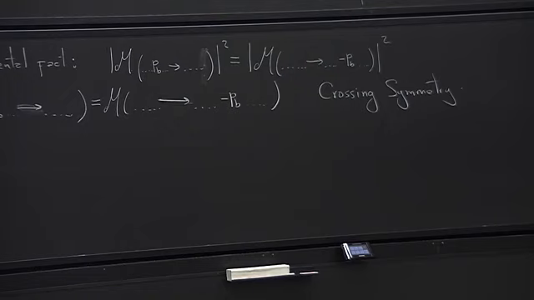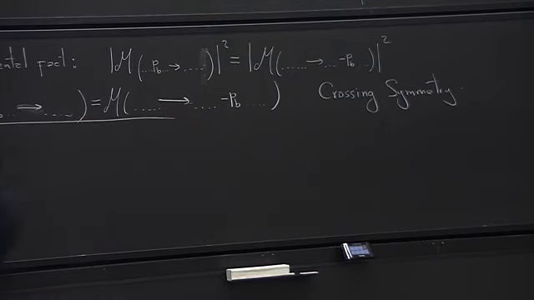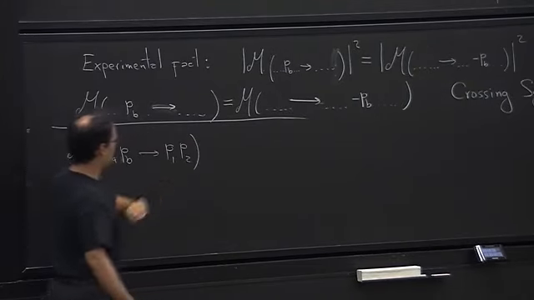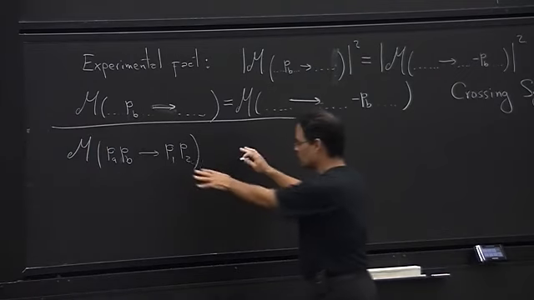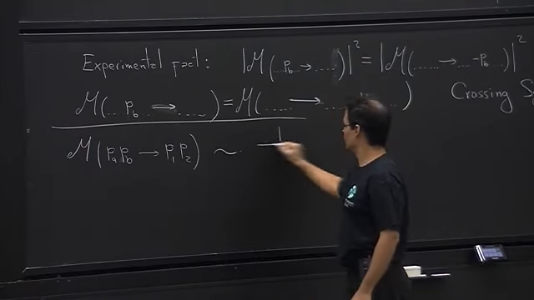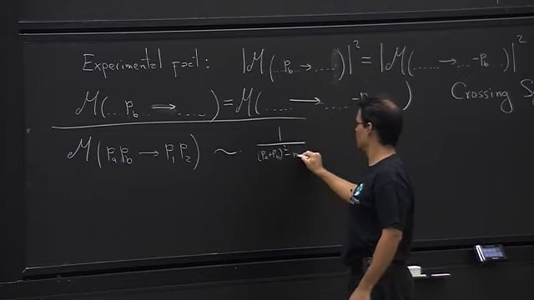Now, let's try to put it to use and go back to our original experiment. We had PA, PB going to just two particles, P1 and P2. From unitarity, we know that this rational function should have a pole of the form PA plus PB squared minus M squared.